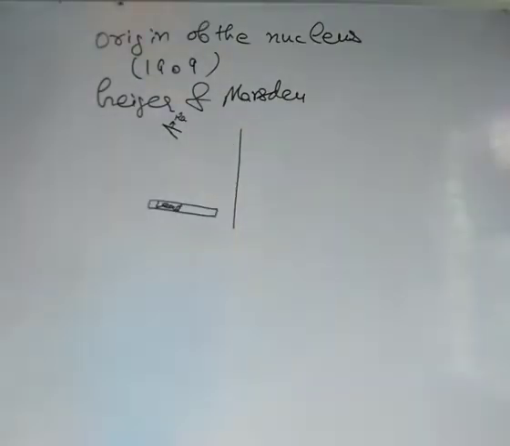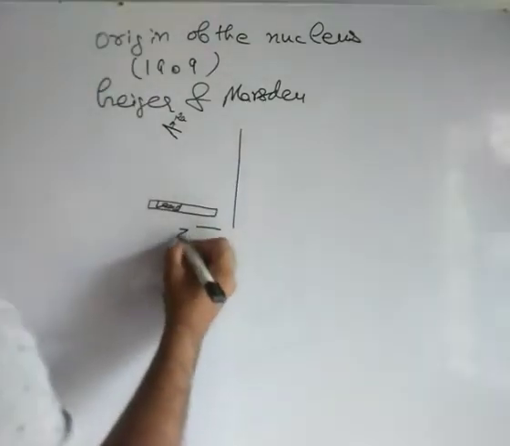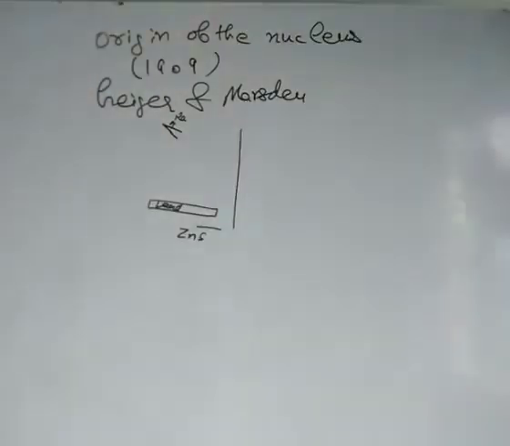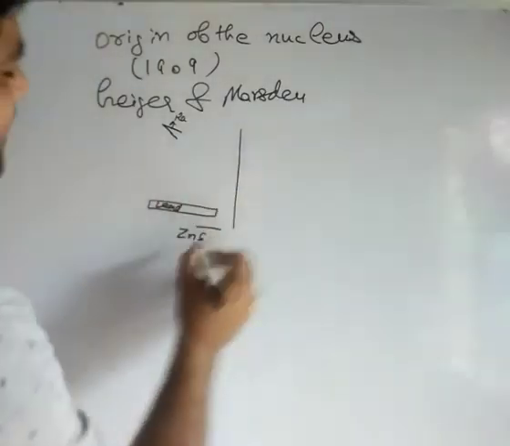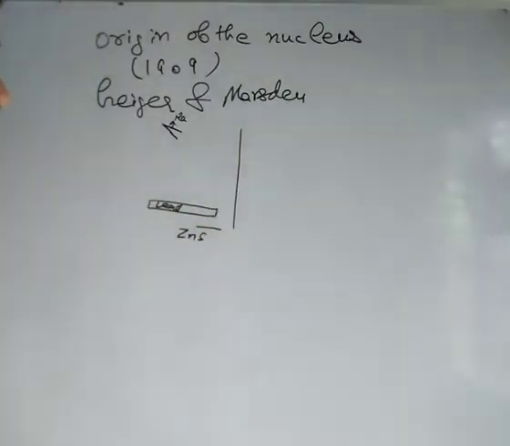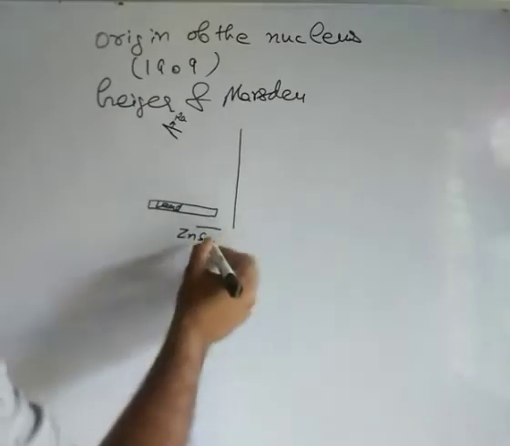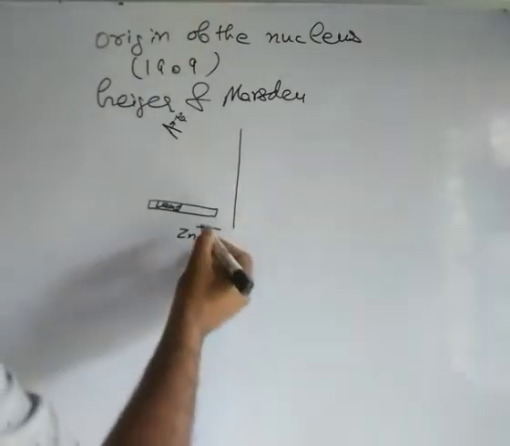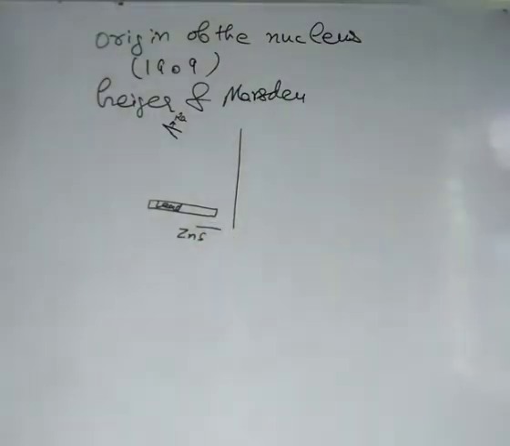Behind this lead sheet, they placed a zinc sulfide screen. There is a property of zinc sulfide that when alpha particles strike it, it gives scintillation. So if an alpha particle is coming this way, it will give a flash of light, that is known as scintillation.